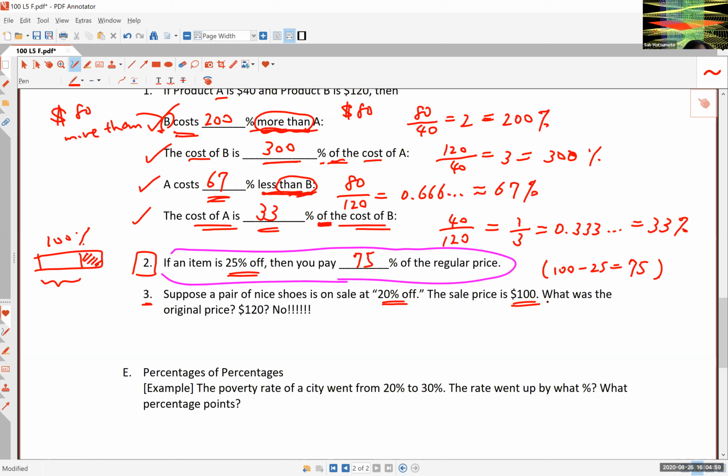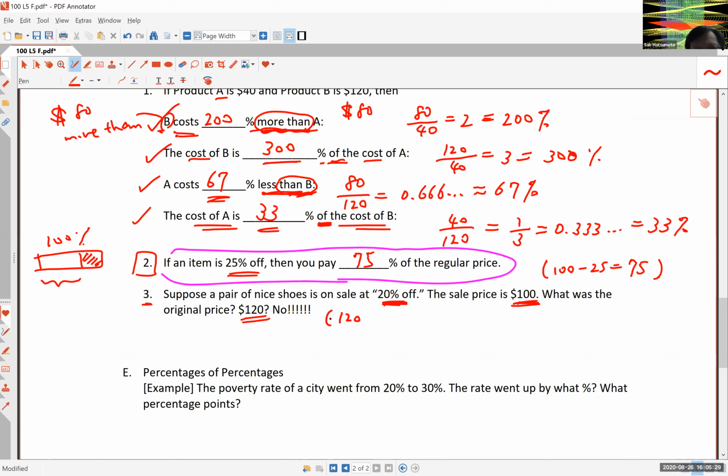So 20% off gave you the sale price of $100. Now, what was the original price? It'll be incredible to see how many people get this wrong. Most people think 20% off, and I get 100%. So if you add 20% of $100, that's 20. So the regular price must have been $120, right?